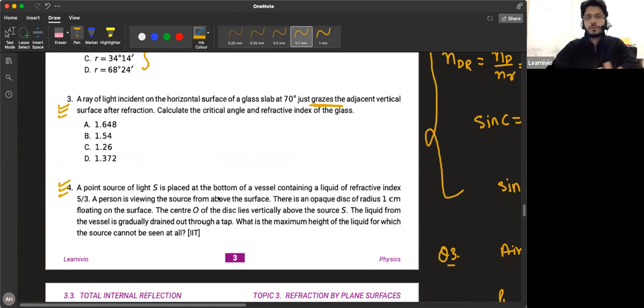This was there in previous years of CBSE also.